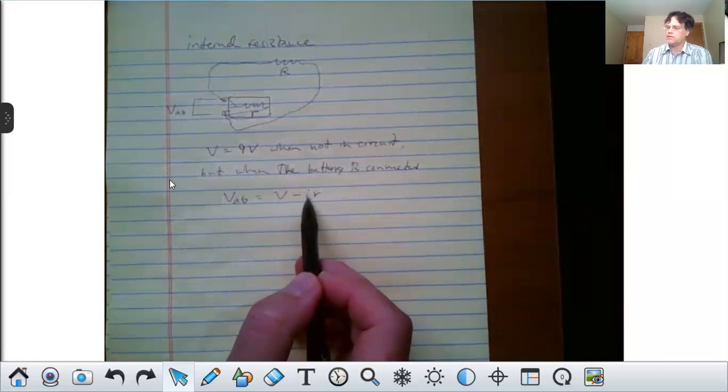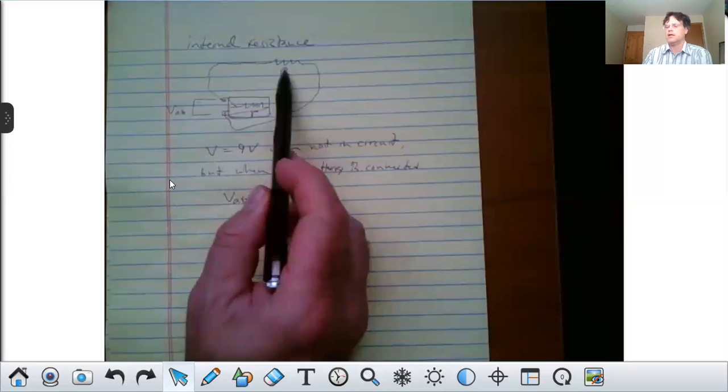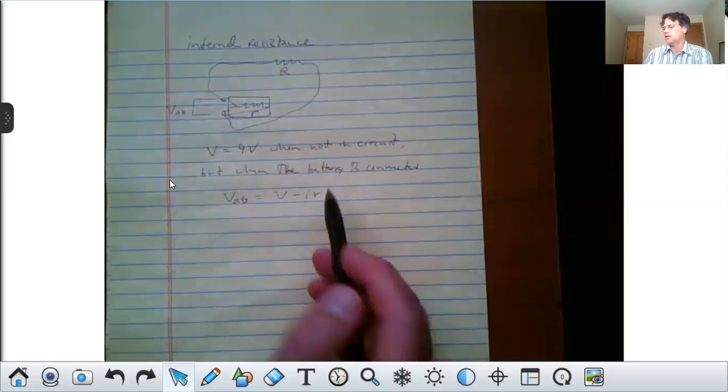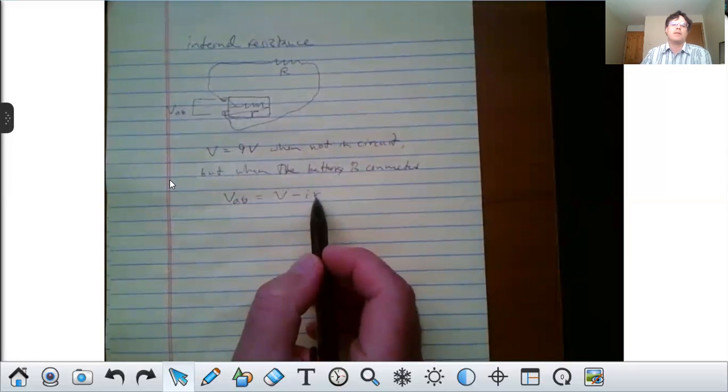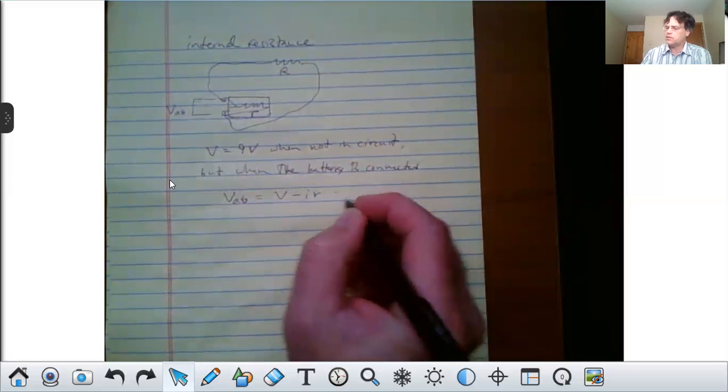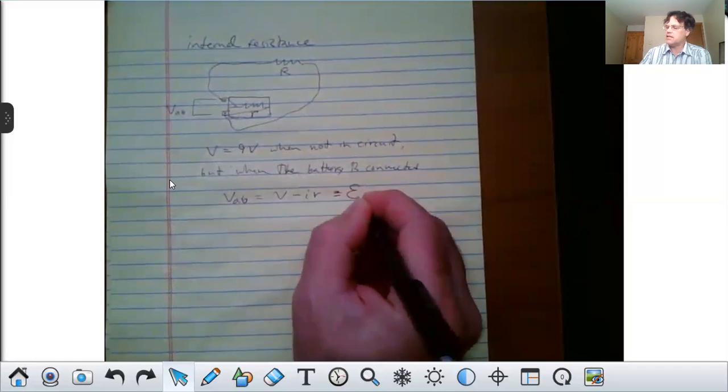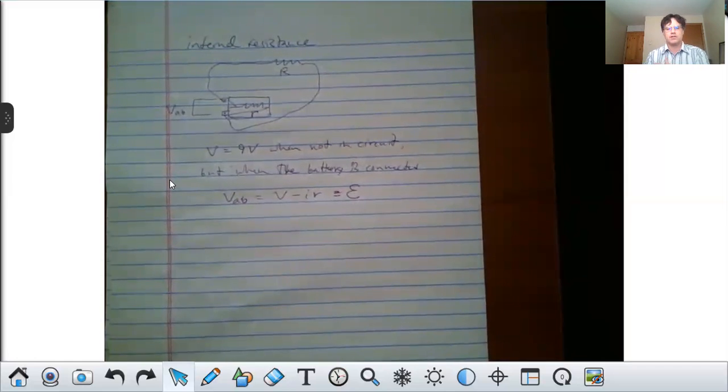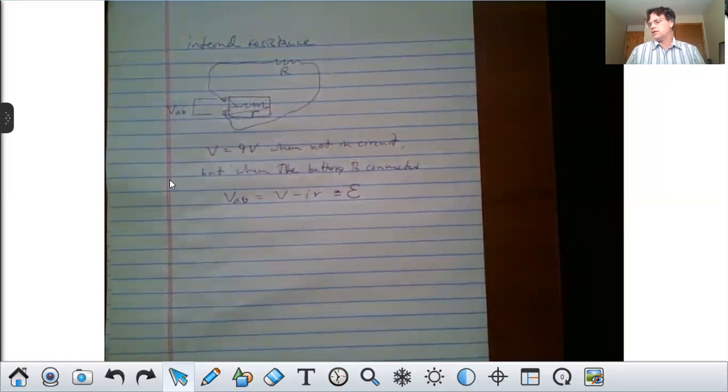Whatever the current ends up being, that'll depend on other resistors in the circuit. But there's this voltage drop due to the internal resistance. And in fact, in the book, they will call this E, or electromotive force, quite often. So I just wanted to talk about that briefly.